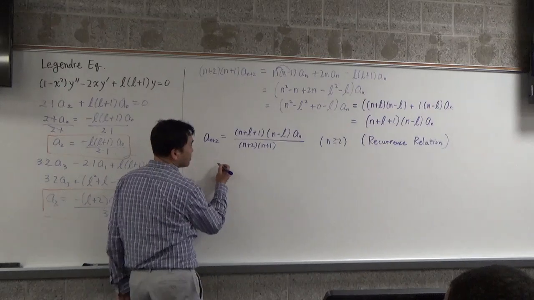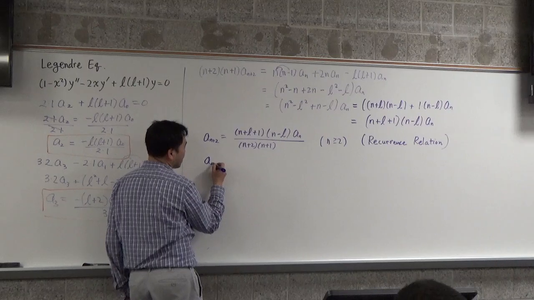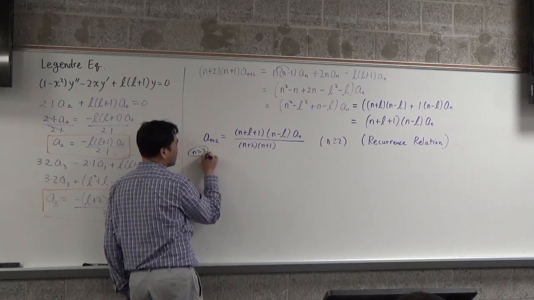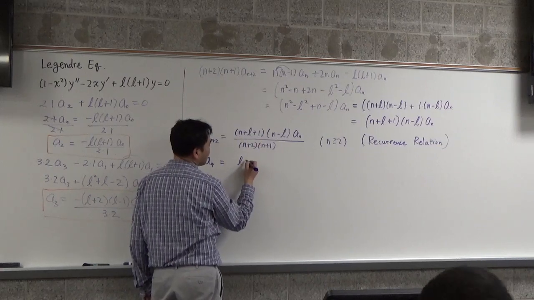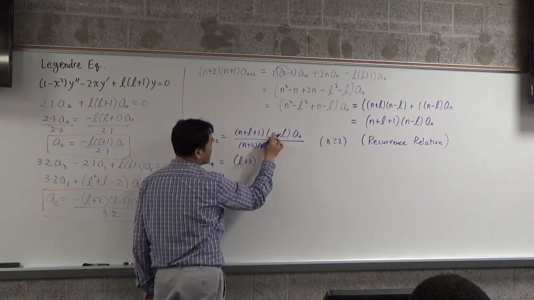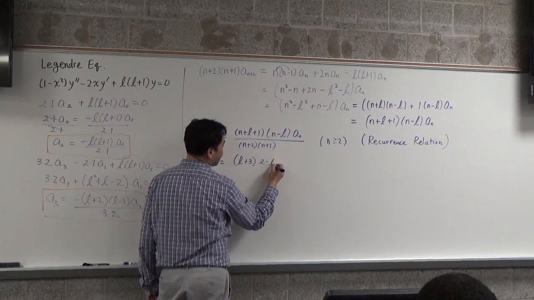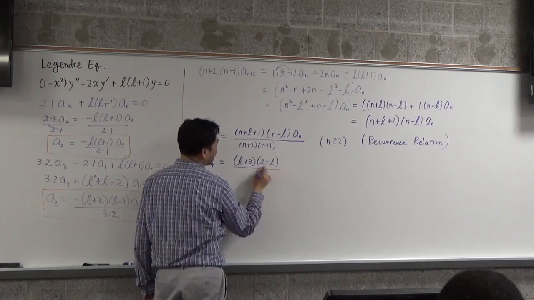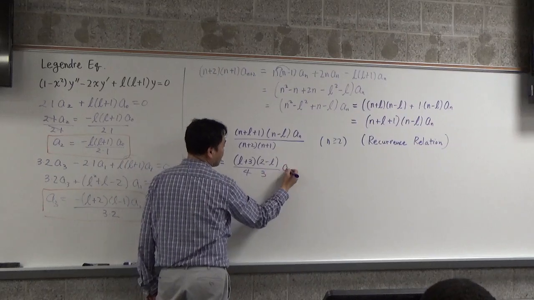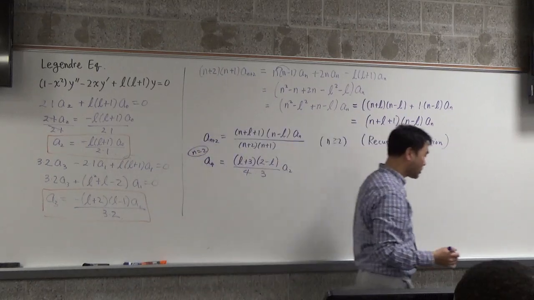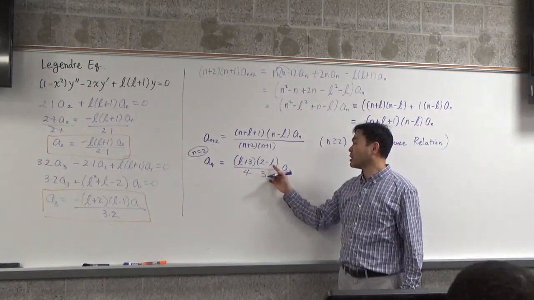Since this holds for n equals 2 or later, we're going to put 2. So n is 2 here. You get a4. 2 plus 1, so that's l plus 3, 2 minus l, over 2 plus 2, which is 4, 2 plus 1, which is 3, of a2. Now, I don't like having 2 minus l.